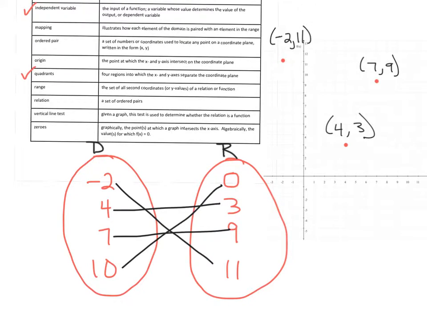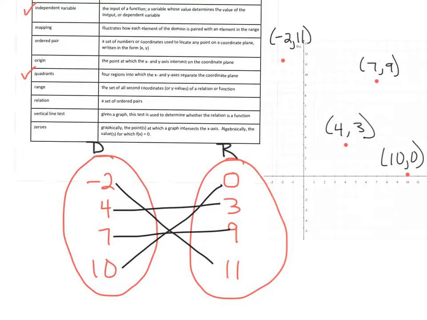And the final element in the domain is 10, and it's paired with 0, the element in the range, to make the last ordered pair. So this is another example of a discrete graph. We created it using our domain and range map. The mapping just links one element from the domain to the corresponding element in the range, and we can easily graph it on a coordinate plane.